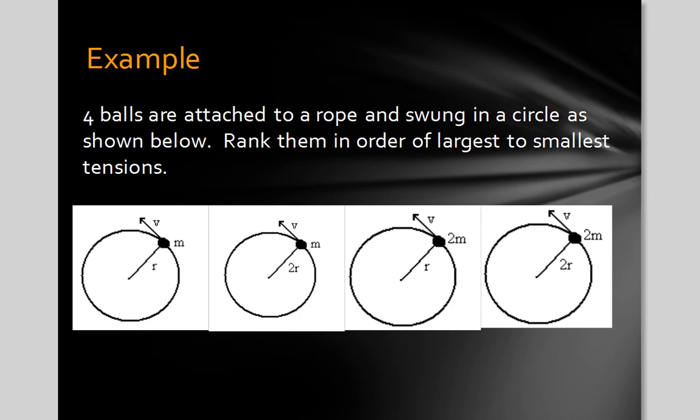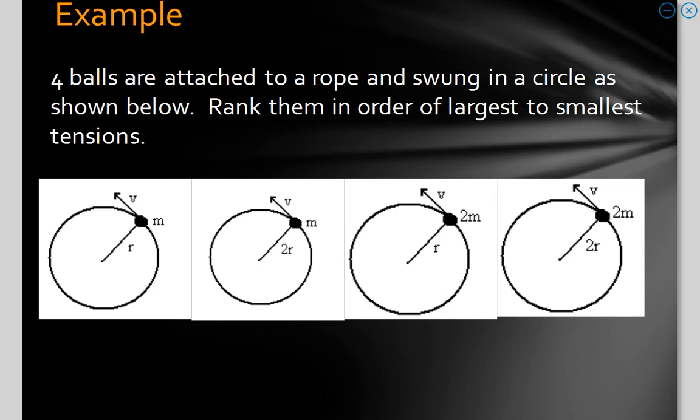These questions here are similar to the evaluation we did a couple slides ago, where you have to rank them in order of largest to smallest tensions. So largest to smallest FC, the largest centripetal force.